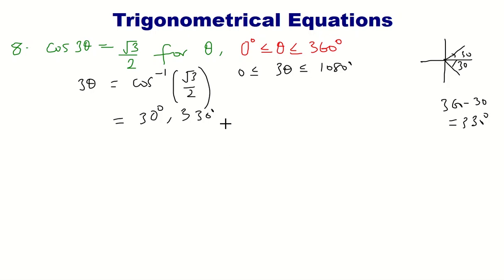So let's exhaust the 3 thetas. We have 30 and then 330. When we add 360 here, we get 390.